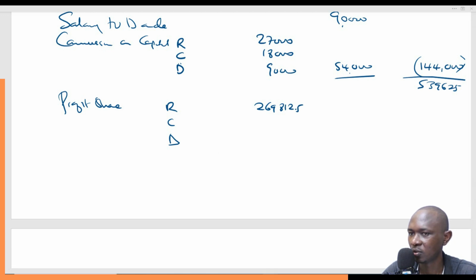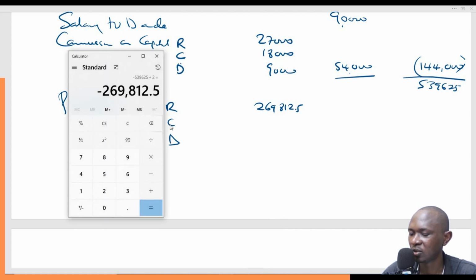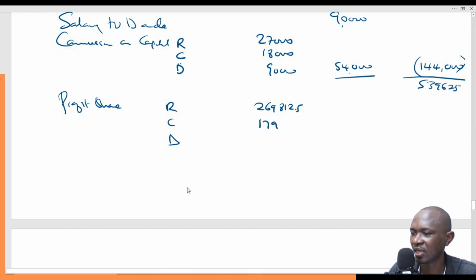We are doing well. Then the next one is 2 over 6, 2 divided by 6 times 539,625. This gives us 179,875. We are simply getting the ratios.